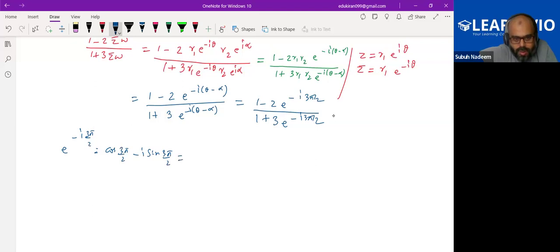Cos 3 pi by 2, cos 270 degrees, is 0, and sine 3 pi by 2 is minus 1. So this will become plus I. So this is I. Therefore this is equal to (1 minus 2I) by (1 plus 3I). We can write it like this. So first write till here.